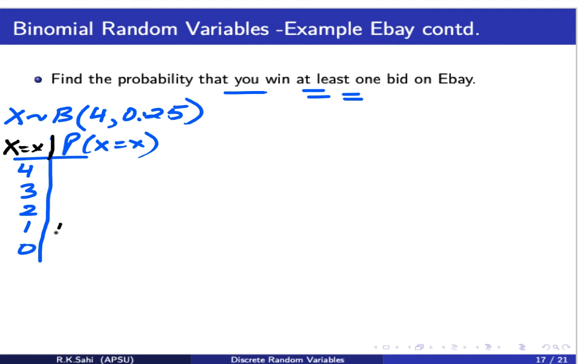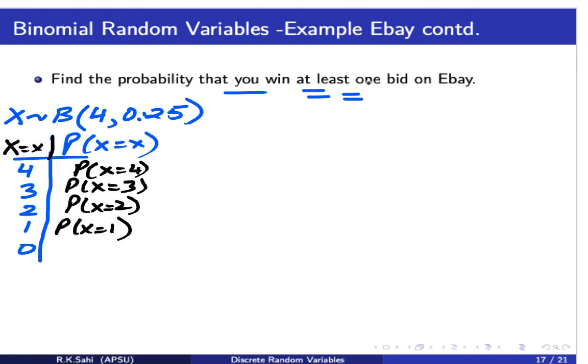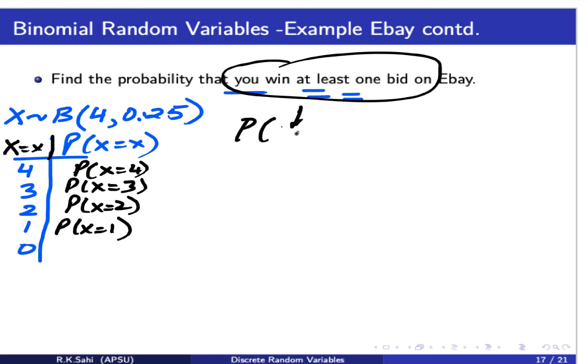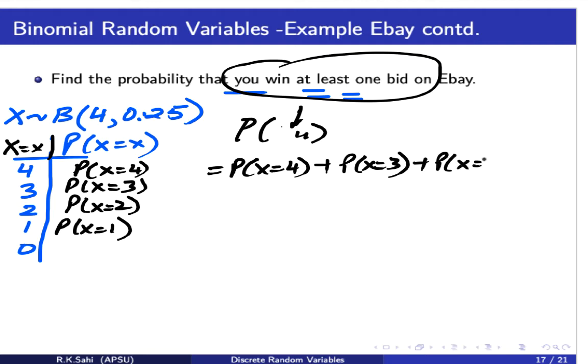That means probability X is 1, or probability X is 2, or probability X is 3, or probability X is 4. So the answer to this question, this is the event, win at least one bid, simply means probability X is 4 plus probability X is 3 plus probability X is 2 plus probability X is 1.